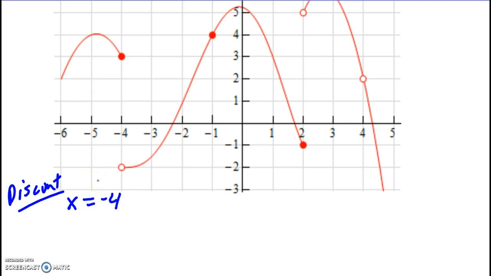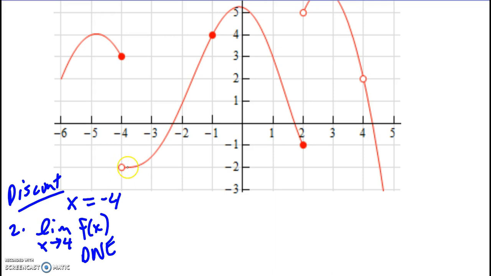And which condition is broken? Well, it does actually have a function value. However, the limit from the left and the right-hand side does not exist because they're at two different places. So the limit as x approaches -4 of our function does not exist. That's number 2 on our list.